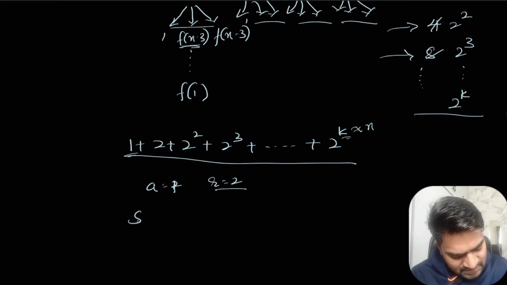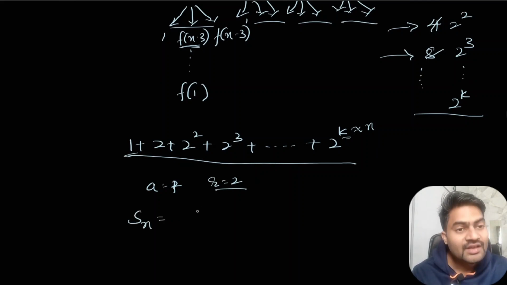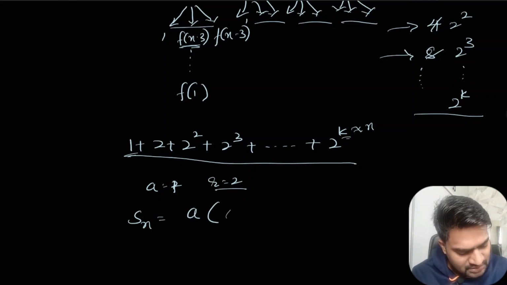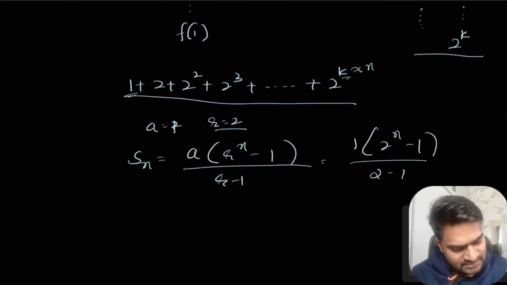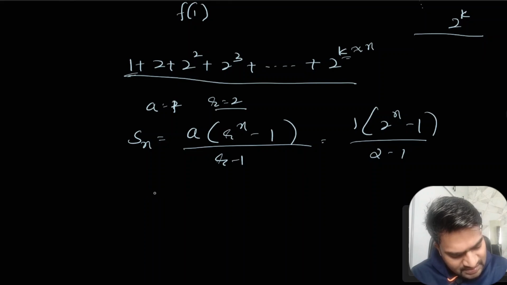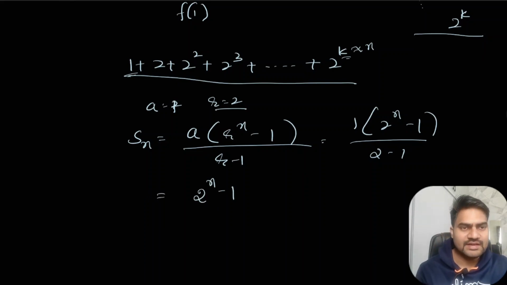So the sum of n terms will be a into r to the power n minus 1 divided by r minus 1. So this is 1 into 2 to the power n minus 1 divided by 2 minus 1. So it is somewhere equal to 2 to the power n minus 1, correct, right?